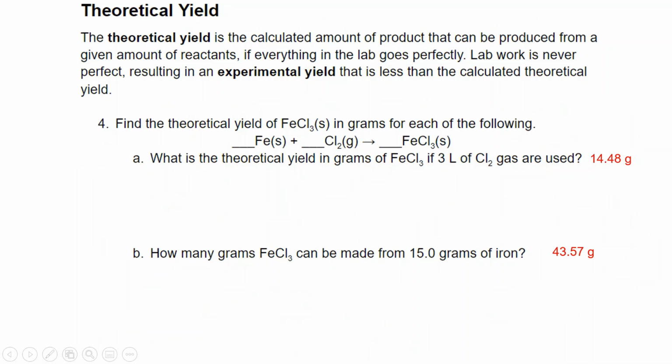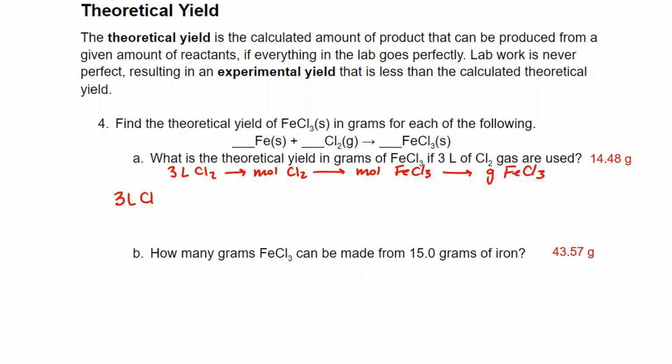Okay, so theoretical yield is exactly what we've been calculating. I've got 2 problems here where I want to know how much of this FeCl3 I'm going to be able to produce from 3 liters of chlorine gas. So we're going to take 3 liters of chlorine gas, convert that into moles of chlorine, then I can convert that into moles of FeCl3, and then I can convert that into grams of FeCl3.